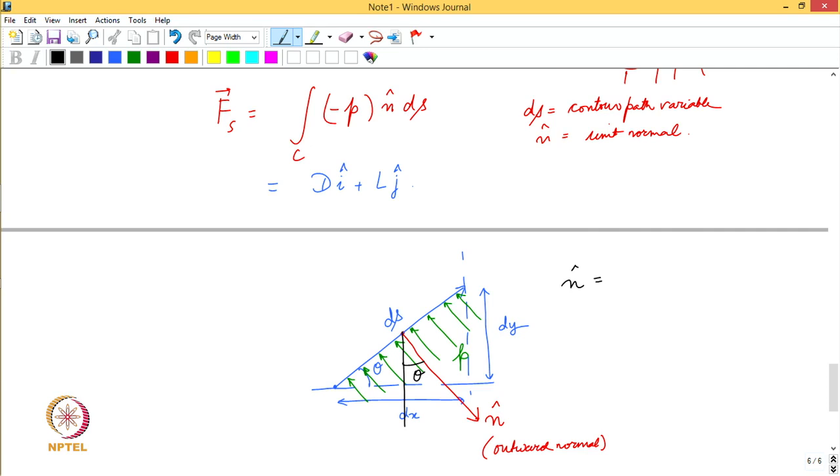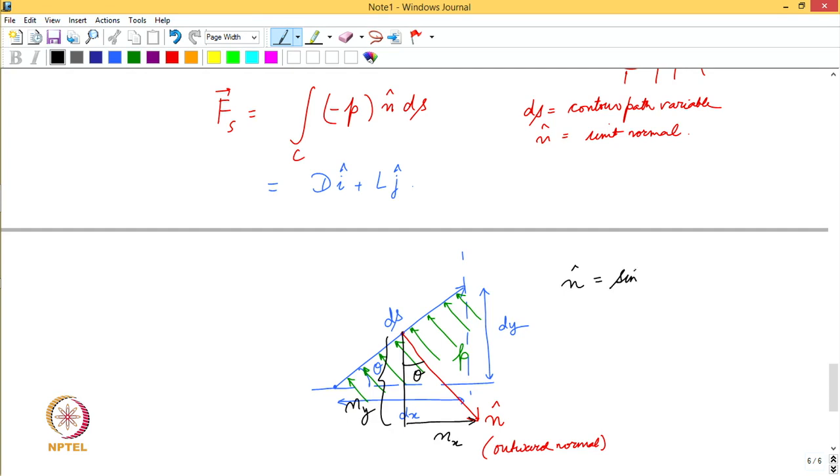So, when we resolve the normal vector into its two components, say nx and maybe ny, we would say the normal vector is nx I cap and minus ny j cap. Just in this case, for instance, ny is pointing downwards, or it is a projection on the negative y axis. So, I can say it would be nx I cap minus ny j cap. Now, for the reason that the normal vector has unit magnitude, nx comes out to be sin theta.